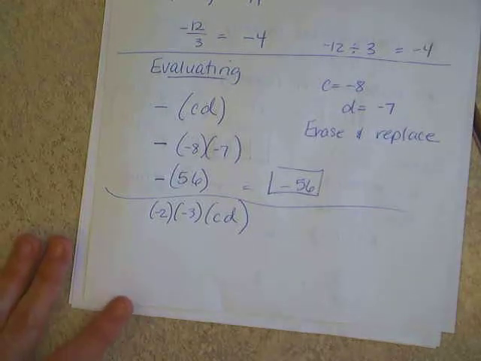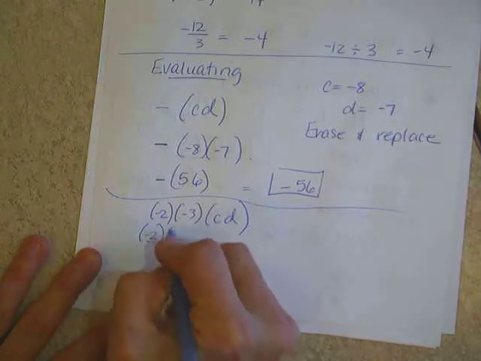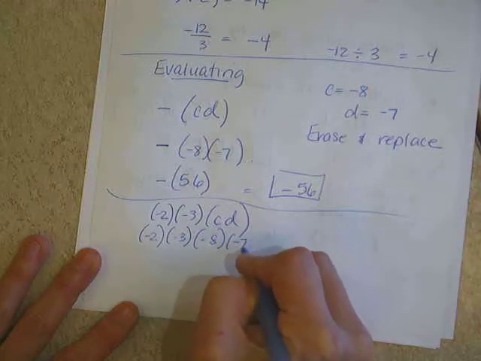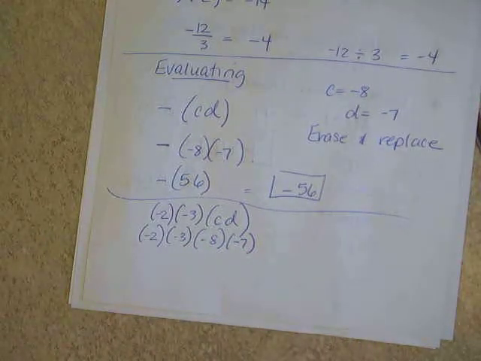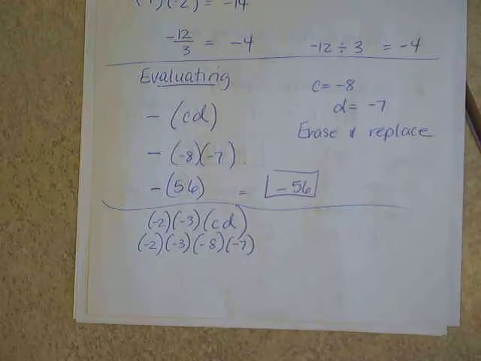Okay, now one more example using the same values of C and D. Okay, so I have negative 2 times negative 3 times CD. So plugging in with parentheses, I have negative 2 times negative 3 times negative 8 times negative 7.